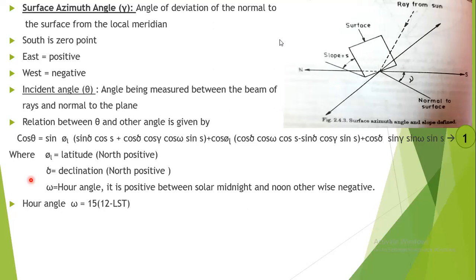So for 1 hour, 15 degrees of angle we have to take into account. In this we are taking morning as positive and afternoon as negative hour angle. This angle is mathematically expressed as omega is equal to 15 times (12 minus LST). The full form of LST is local solar time. We will briefly discuss this LST afterwards.